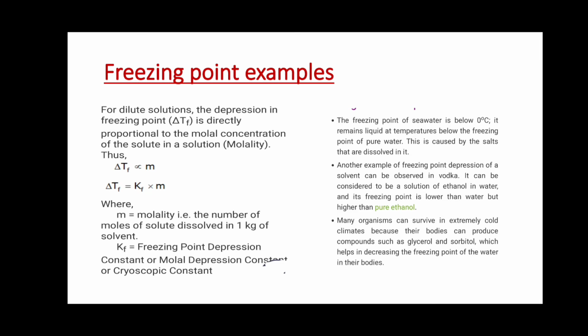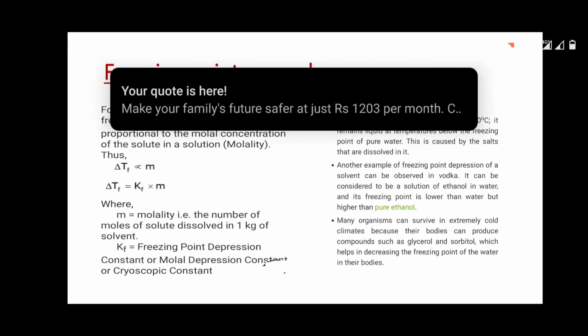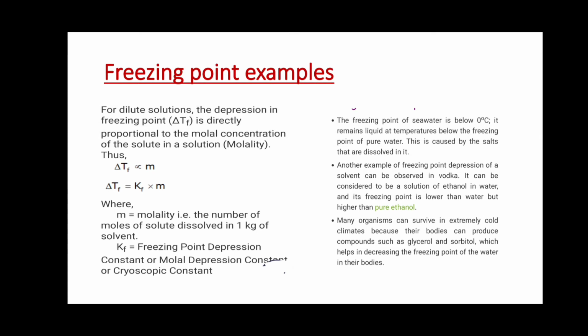So some examples of freezing point depression: the freezing point of seawater is below 0 degrees, it remains as a liquid. The freezing point is lower than that of pure water, caused by the salts that are dissolved in water.